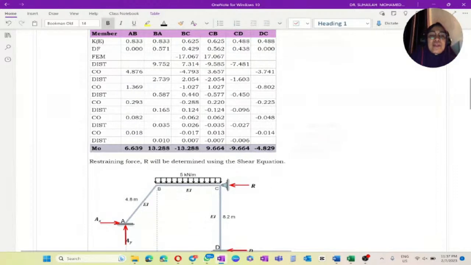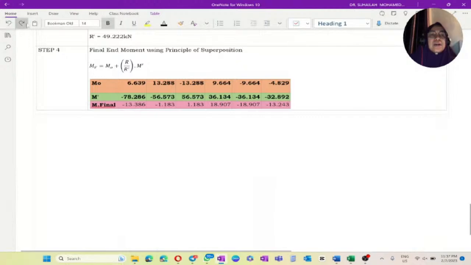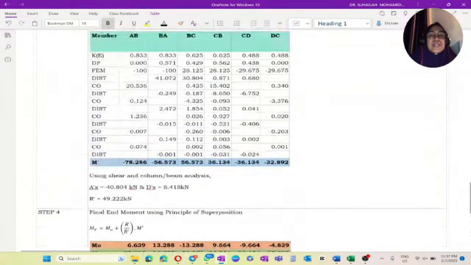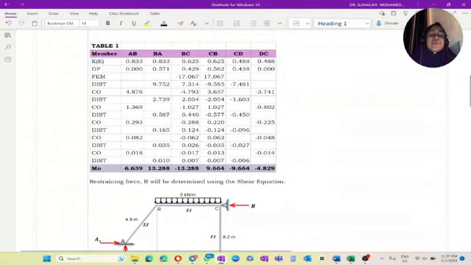This M0 value represents the end moment for the frame. This is the no side sway frame.